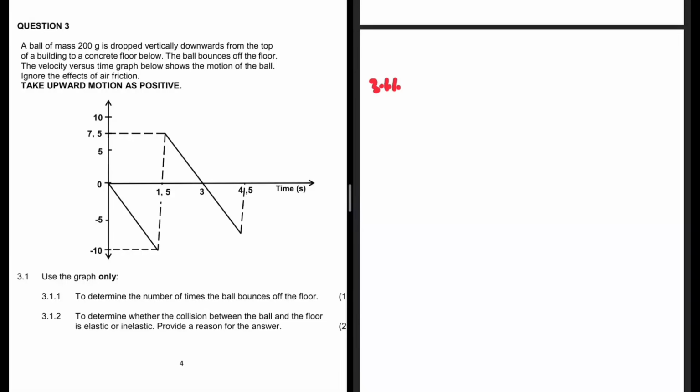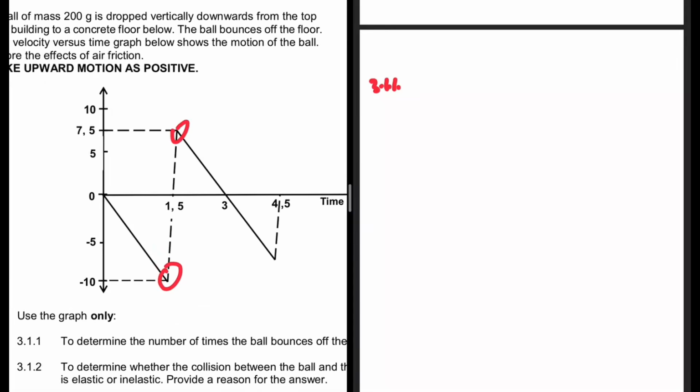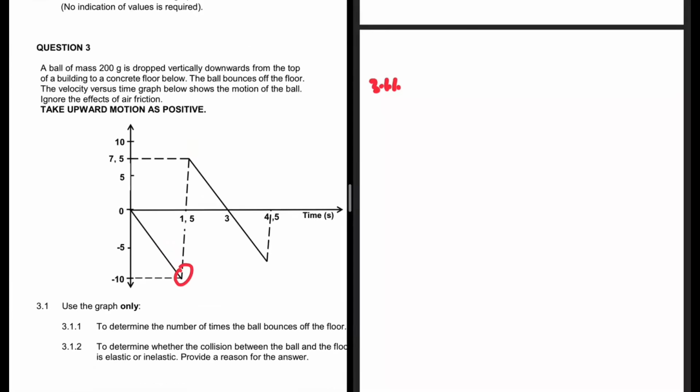So it is dropped vertically downwards. It seems like this is where it strikes the ground, right? And then obviously we can see now that the velocity becomes positive as it is going up. And then it strikes the ground one more time.